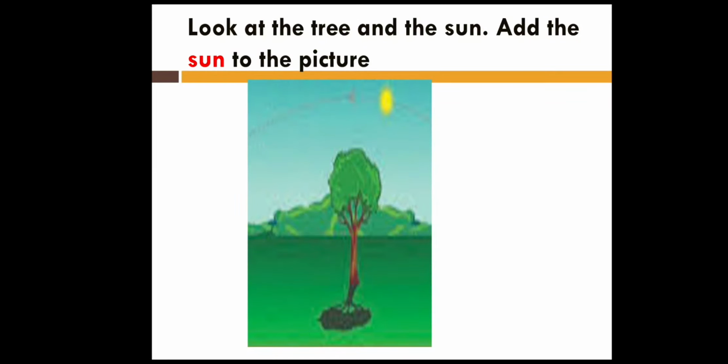Look at the tree and the sun. Add the shadow to the picture. Also, the sunlight is here. The shadow appears in the opposite direction of the sunlight. So draw the shadow here.